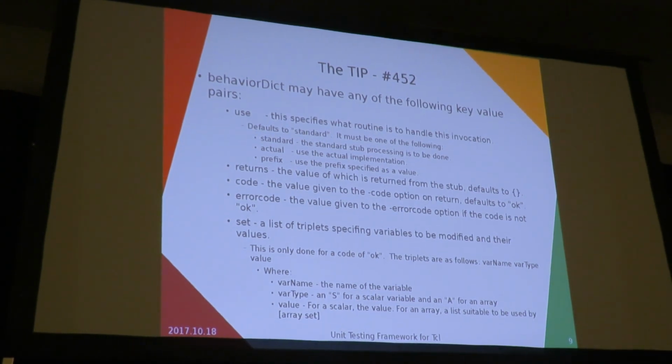Or you can use prefix, which uses a prefix, basically a script, and calls this other command with the same arguments. It's basically replacing the command with whatever you specify as a prefix, like a lot of the callbacks in Tk work.